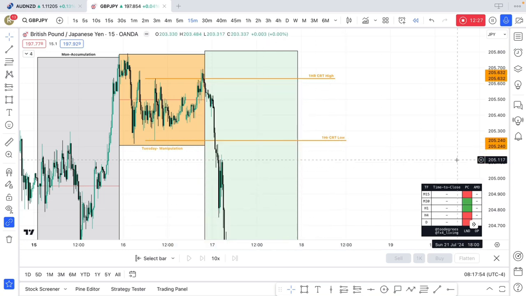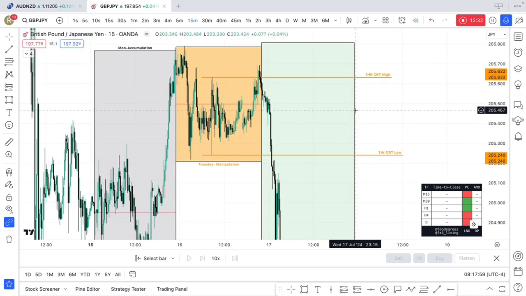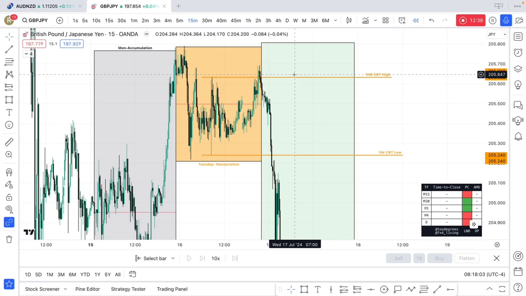So you're going to look for that moment where it breaks. Whenever there's a break to the CRT high, it's signaling. Whenever there's a rejection at the CRT high, it's signaling that there's going to be a sell in the market.